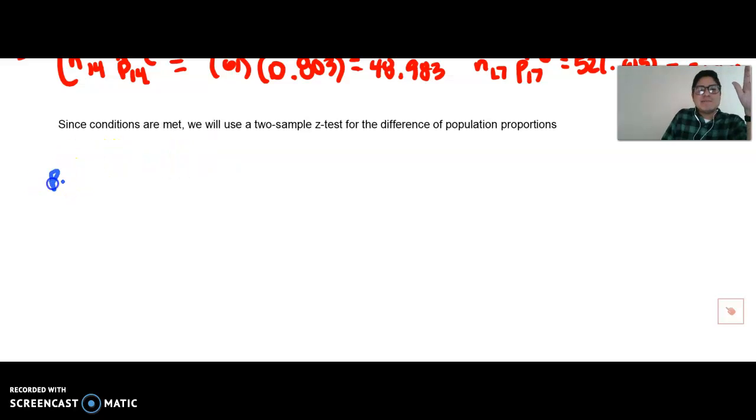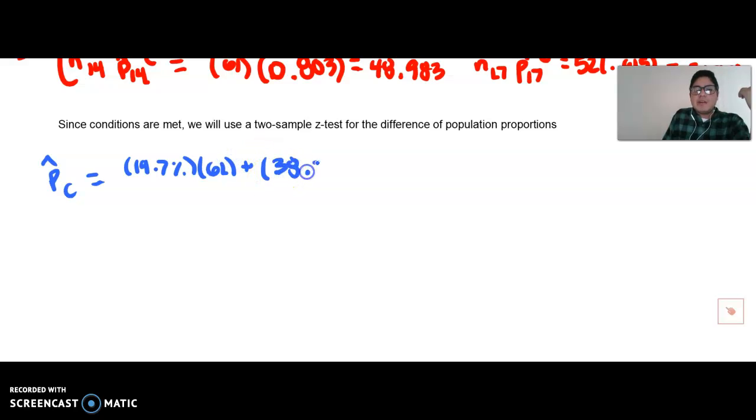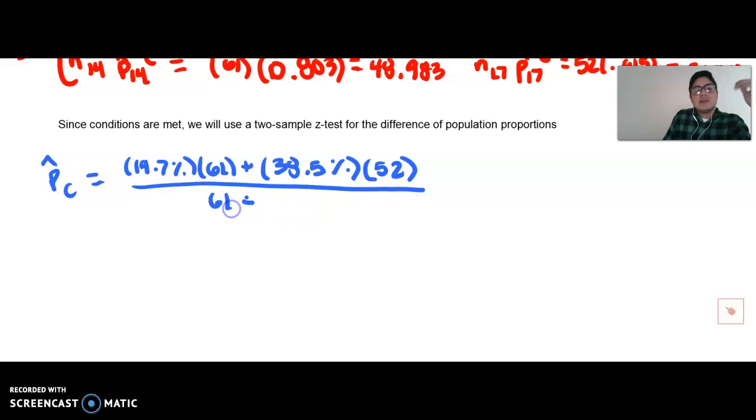All right, so we need to compute the pooled test statistic, which is just our successes divided by the total sample size. So here I would take 19.7% of 61 plus 38.5% of 52. And I'm going to divide that by our total sample size, assuming these populations were equal.